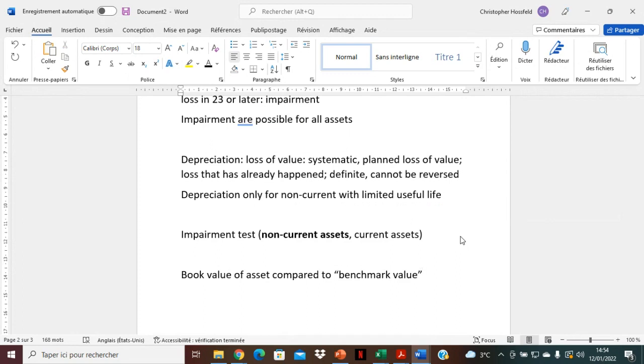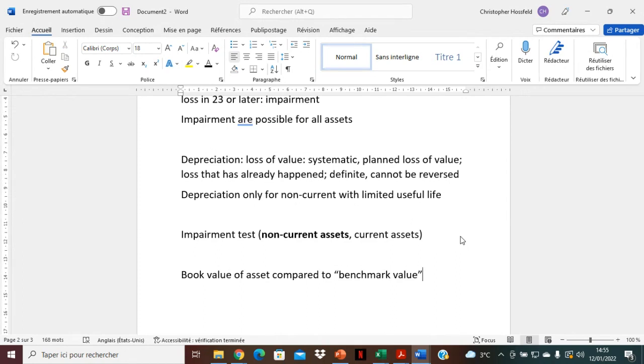Benchmark value is not an official terminology, it's my personal terminology. So we need a comparative value, and I call this in general benchmark value because the value I use as benchmark depends on the type of asset or for which item we are doing the impairment test.